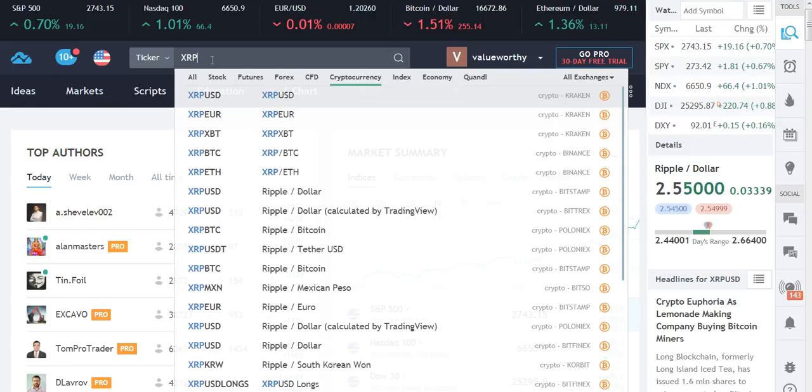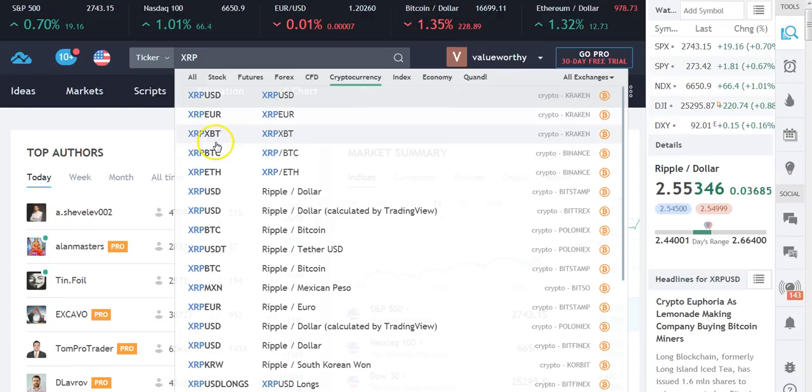Now you're going to see a pairing of XRP to US dollars, XRP to Euro, XRP to, I think, XBT. I'm not sure what XBT is, but maybe that's Bitcoin. And no, this is Bitcoin right here.